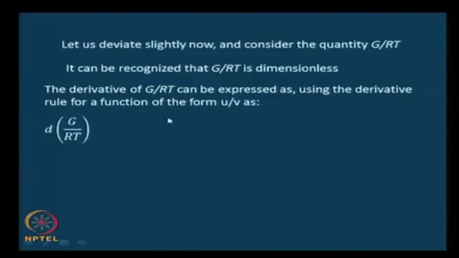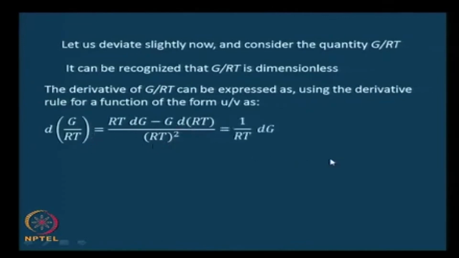Therefore, the total derivative of G by RT is the denominator function RT into the derivative of the numerator function dG, minus the numerator function G times the derivative of the denominator function RT, divided by RT squared. Taking the common terms out, this is 1 by RT dG minus G by RT squared times dT, where one of the R's gets cancelled.